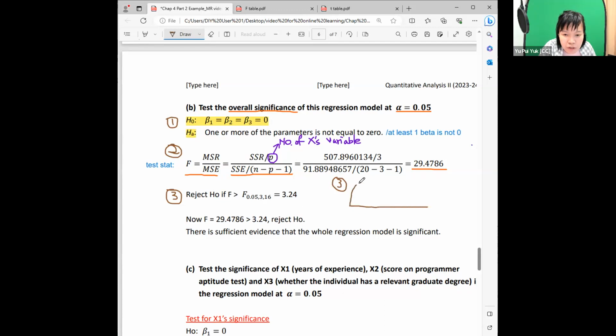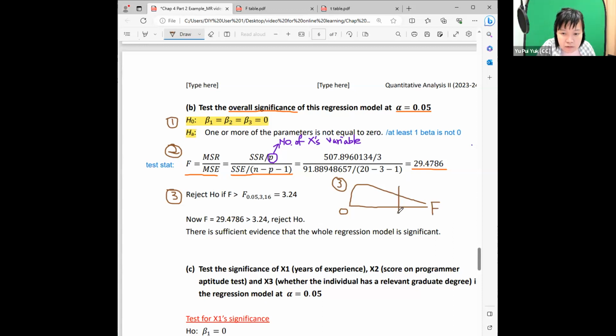So draw the right-skewed F distribution, starting from 0. Do you remember whether the rejection region for the ANOVA F test is on the left-hand side or the right-hand side? It's on the right-hand side.